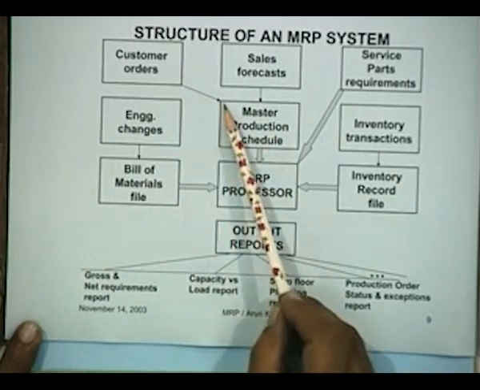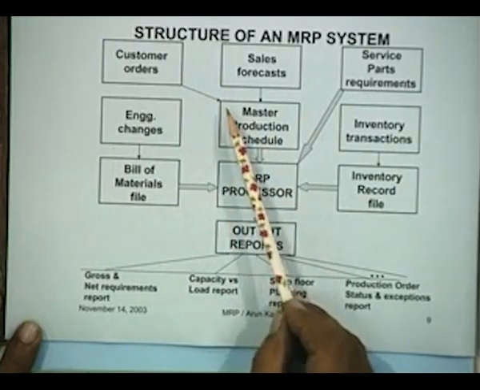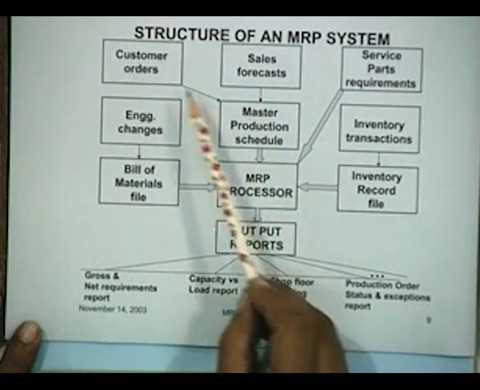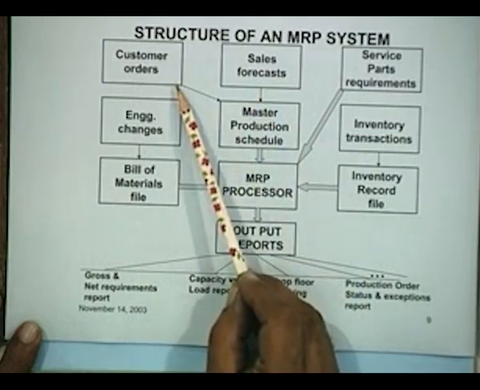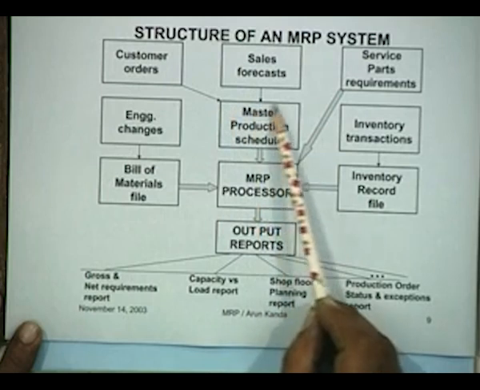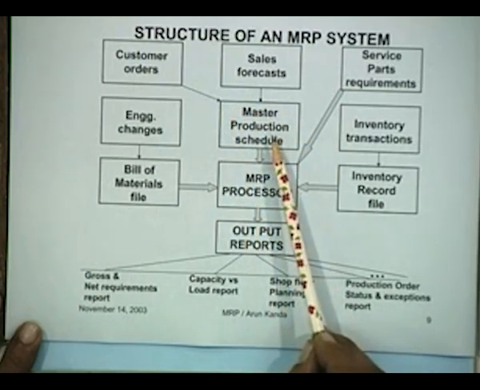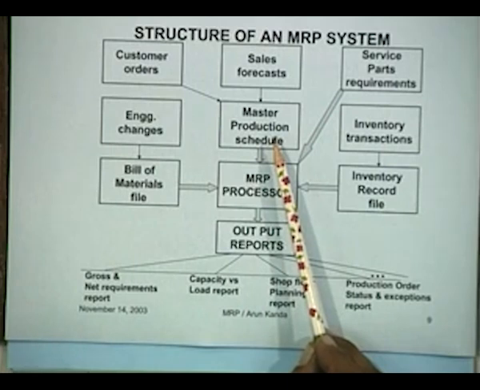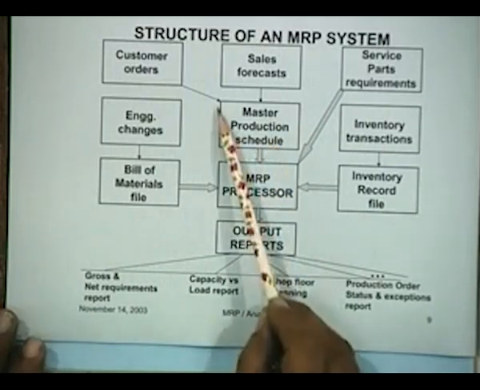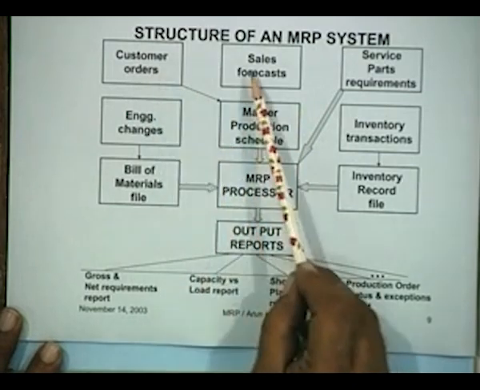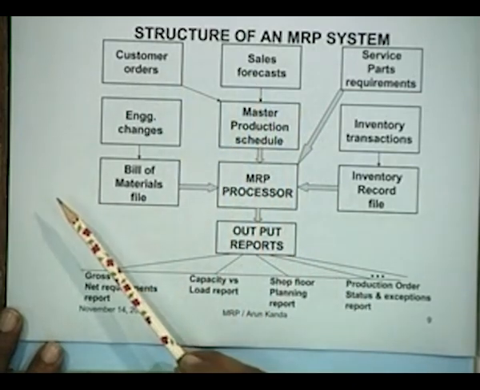One is the customer orders which have already been placed, and then the sales forecast that you have made. So sales forecast and the customer orders, when aggregated together, will give you the master production schedule, which will tell me what is the requirement of this particular product in the month of January, in the month of February, in the month of March, and so on. So this is what is a master production schedule, which is derived from basically these two bits of information.